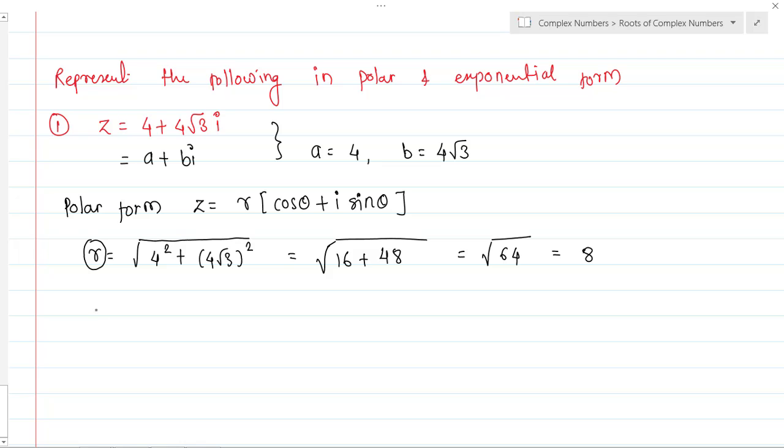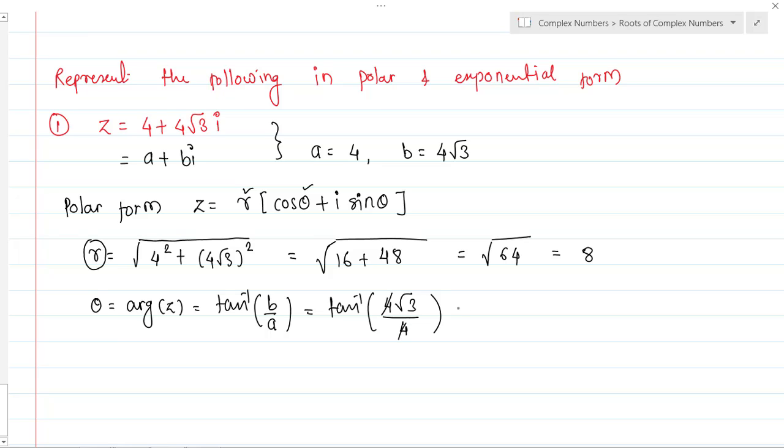Now let's find out theta. See, r is done. Now find theta. What is theta? This is nothing but the argument of z, which is nothing but tan inverse of b by a. So in this case, what is b? It is 4 root 3, and what is a? It is 4. So this 4 cancels, so I will have tan inverse of root 3.